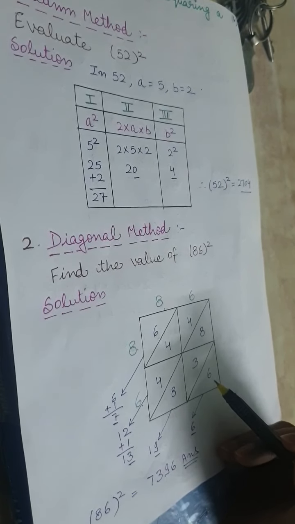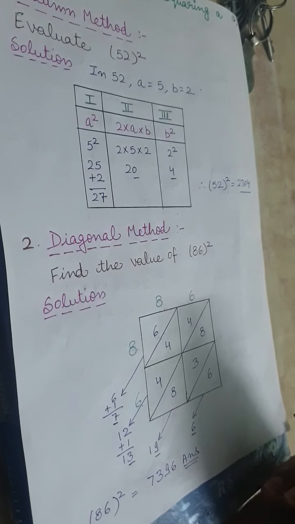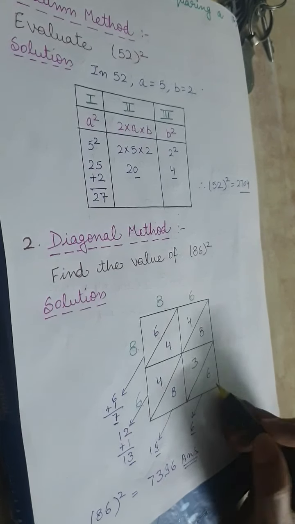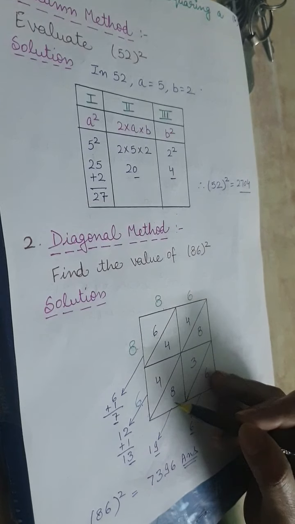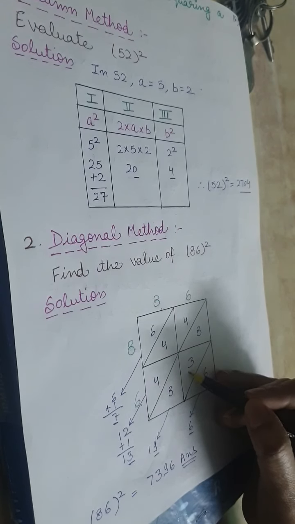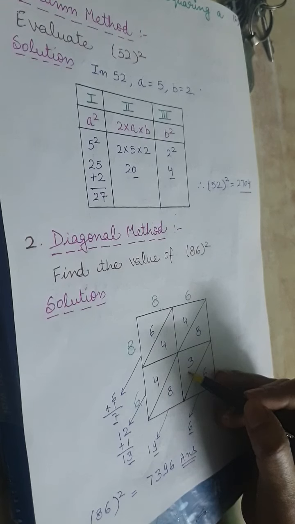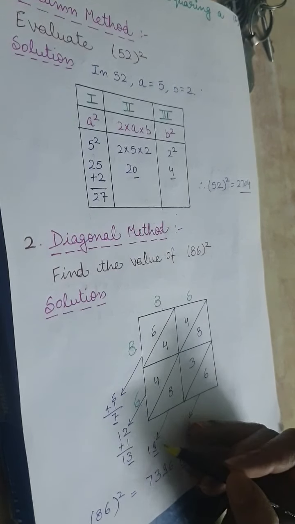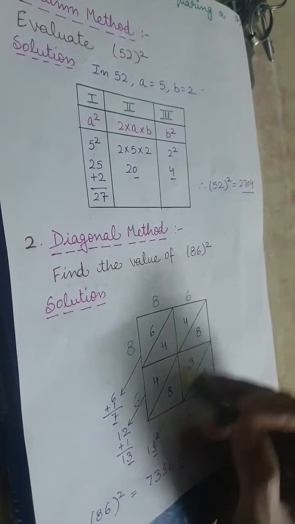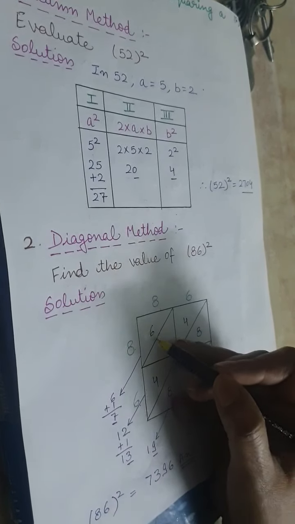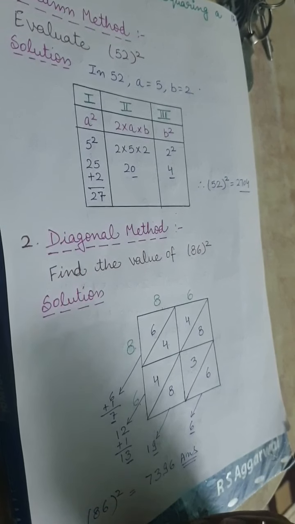Now what do we have to do with the diagonals we have formed? We have to add them. See, its sum is 6. It's 8 plus 3, 11. 11 plus 8, 19. 4 plus 4, 8. 8 plus 4, 12 and it is 6.